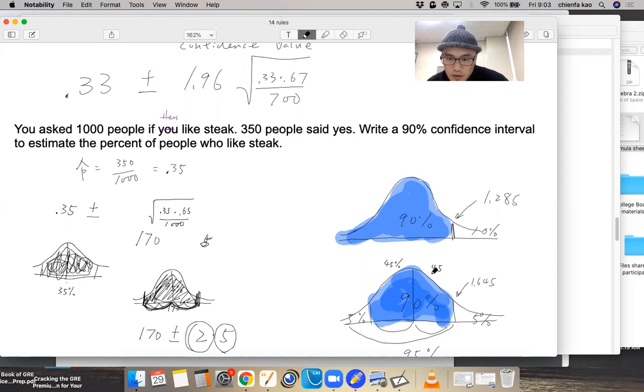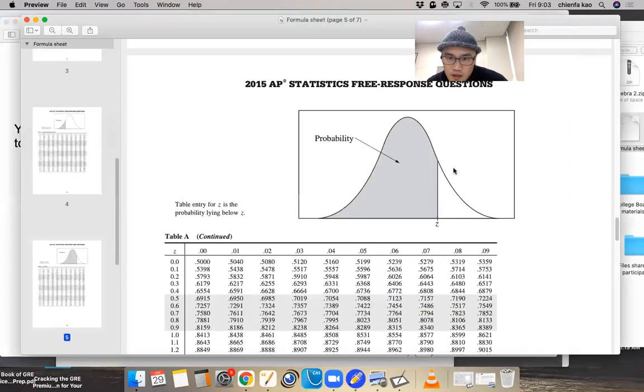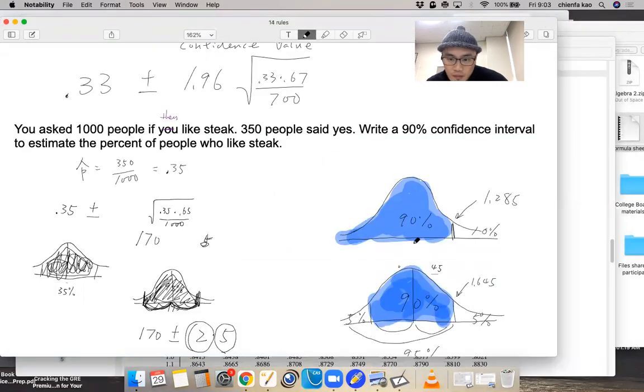If this is 45% to the right, that leaves 5% over here, and then 5% to the left, right? So you can't look at 90%. You have to imagine that this is 45% to the right from the center. The chart counts everything to the left, so you need to imagine everything is filled here.